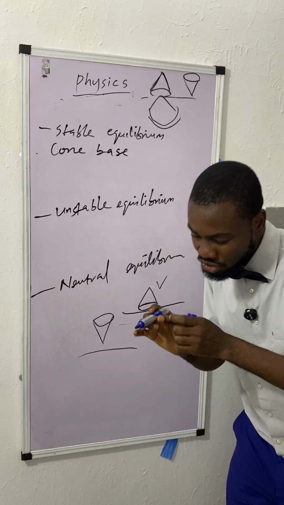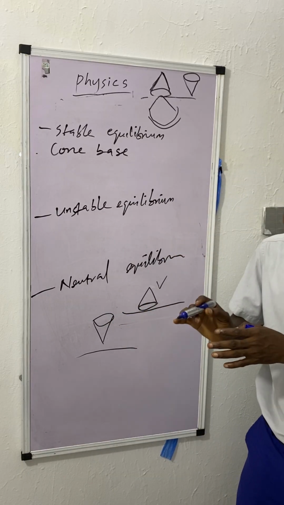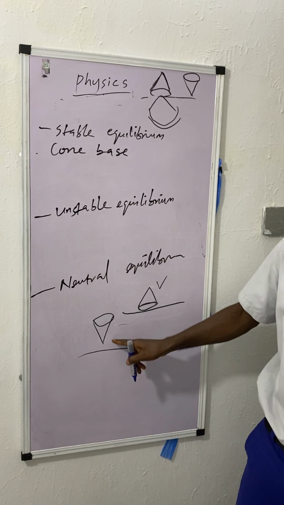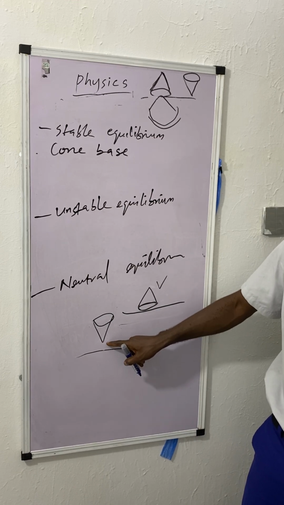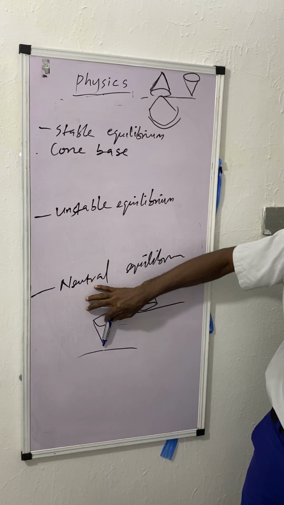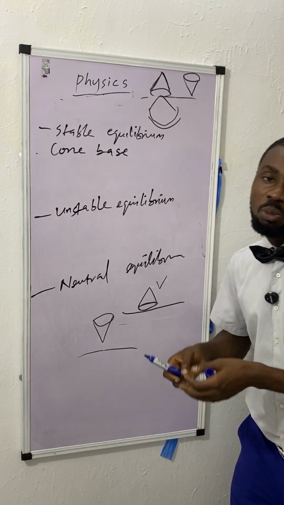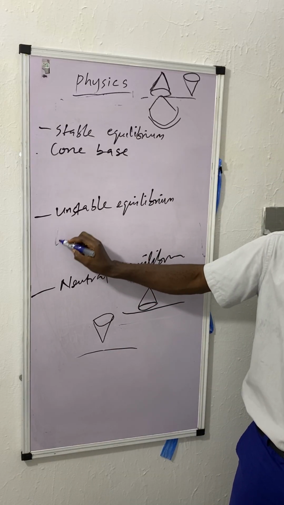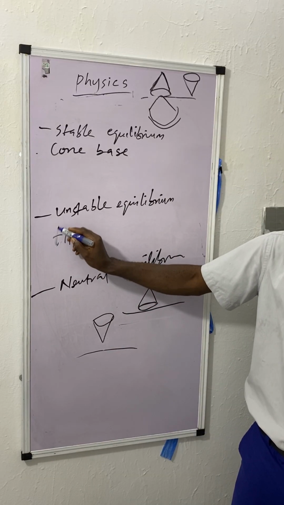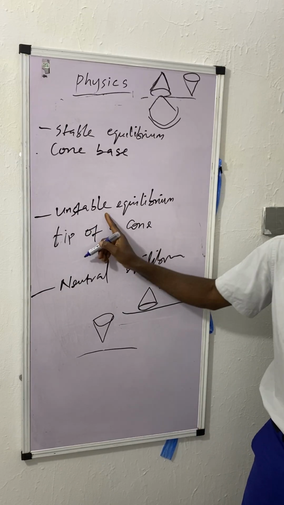That's why it's called topple over. It moves slightly away. Like I said, the example is this tip of a cone. If you try to put the tip of the cone here, it's going to fall, and when it falls, there's not much difference from its position. This is the example of unstable equilibrium.